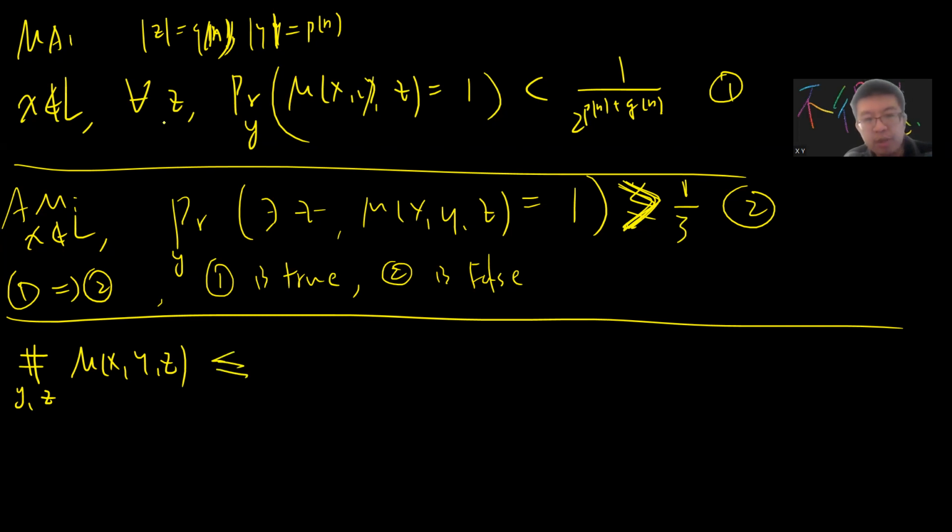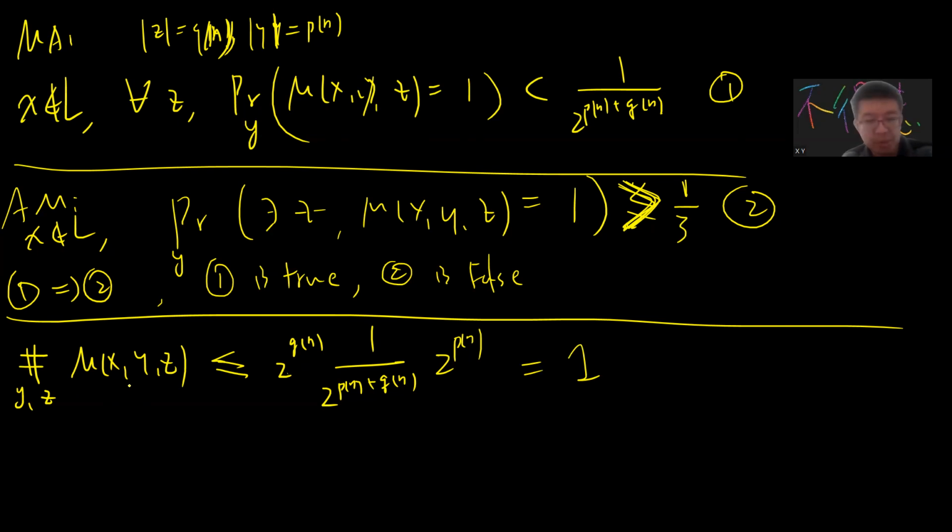Because for each z, I have the 2 to the Q(n) z, and for each z, the fraction of y that will make this accept is this. Okay, and I have 2 to the P(n) y, right? So I fix z, and for all of these y, there's only this tiny fraction. I guess it's 1, right? Okay, so basically this means that probably it's very small.